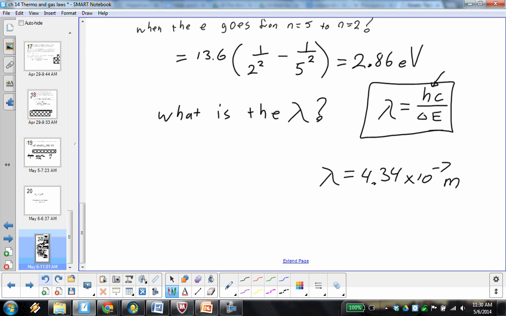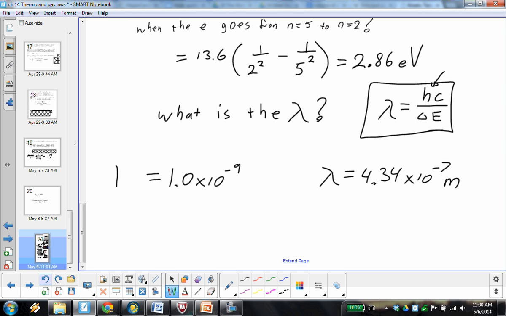And the thing is that we typically measure photons of visible light in terms of nanometers. So how many nanometers is that? I'm sorry, I got that backwards.